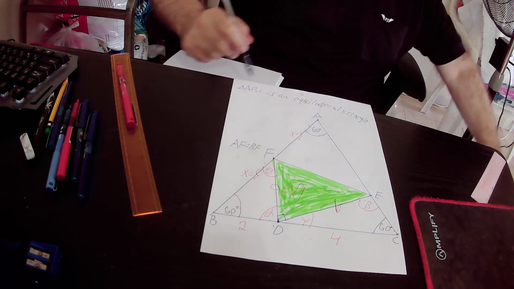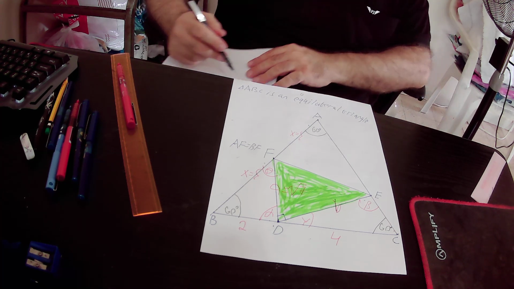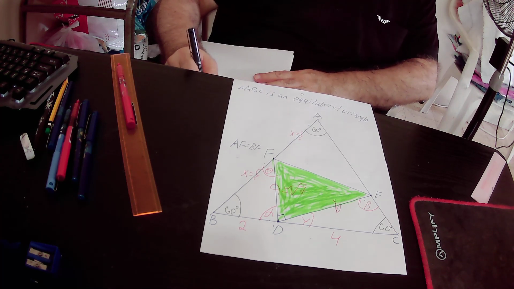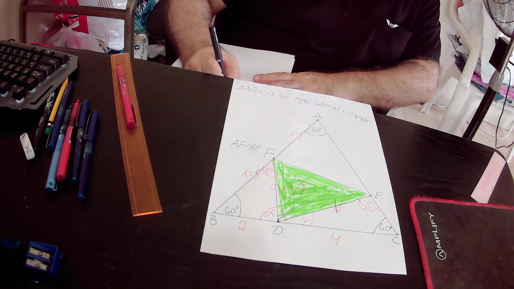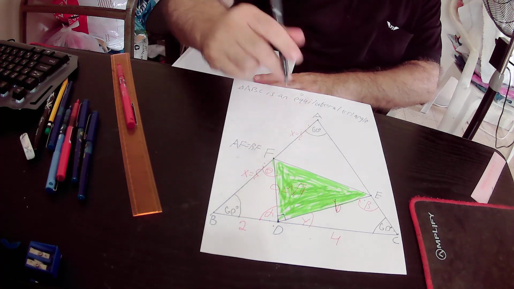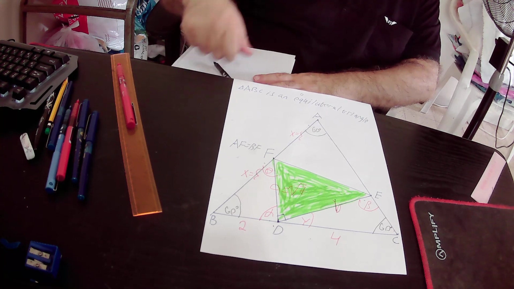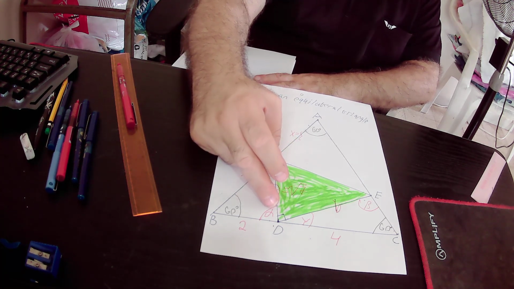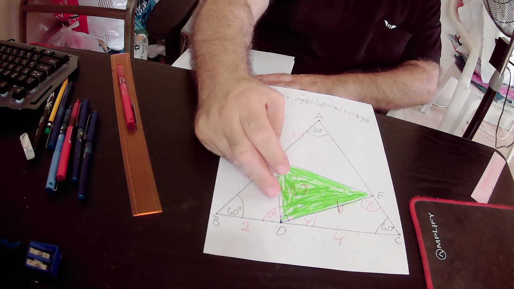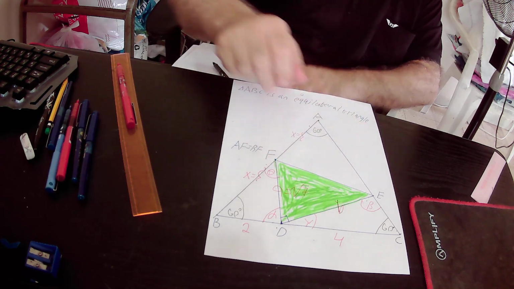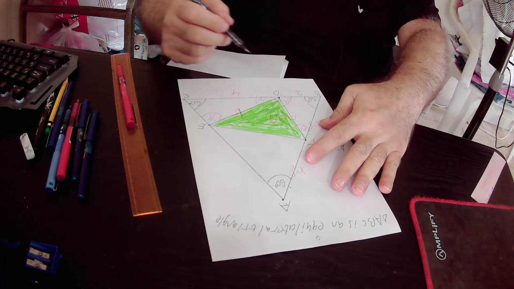So what is the area of the green triangle? The area of the green triangle equals the base of the triangle, that is b, times the height to the base, that is a. The height to the base must create 90 degrees with the base. And as you can see from the drawing, the height a creates 90 degrees with the base b.